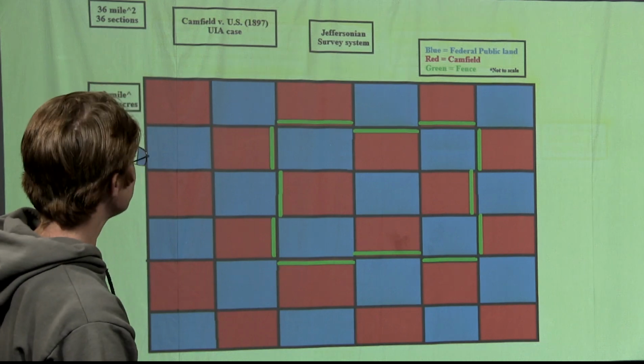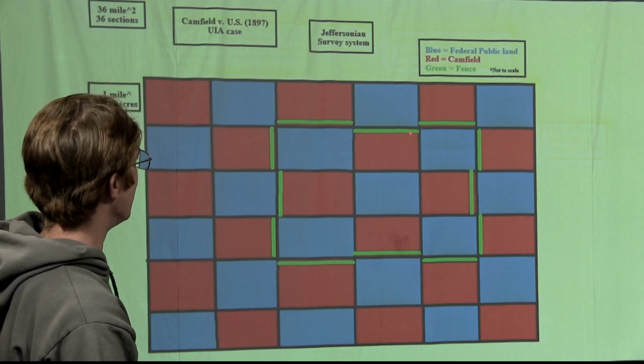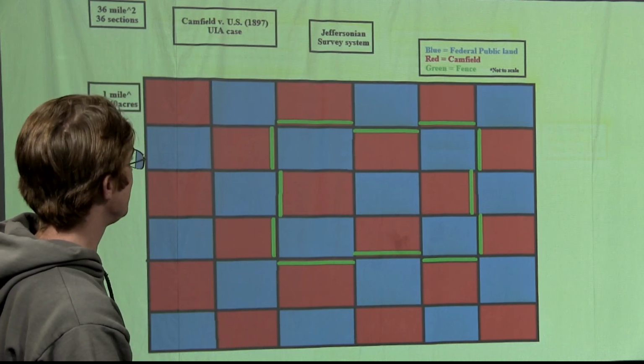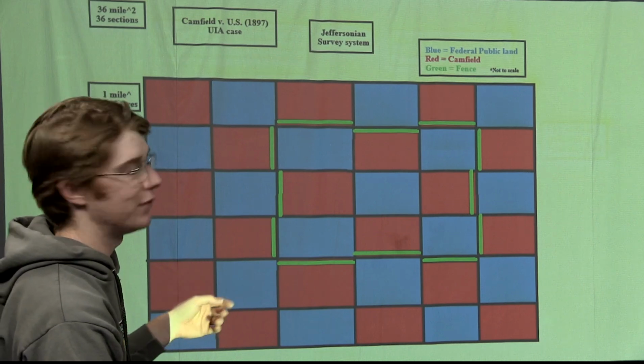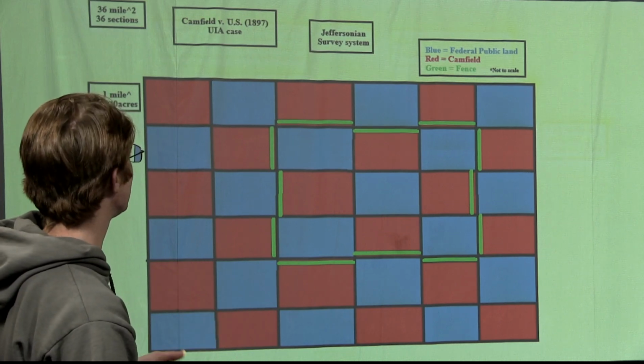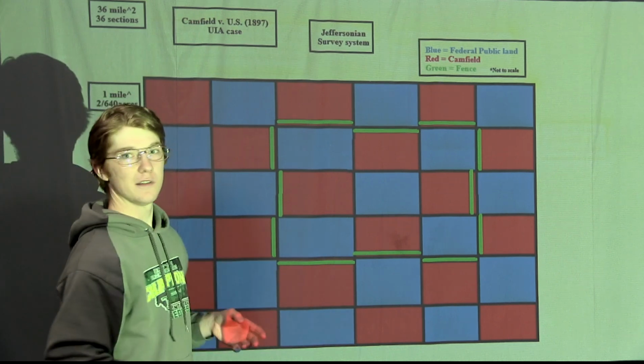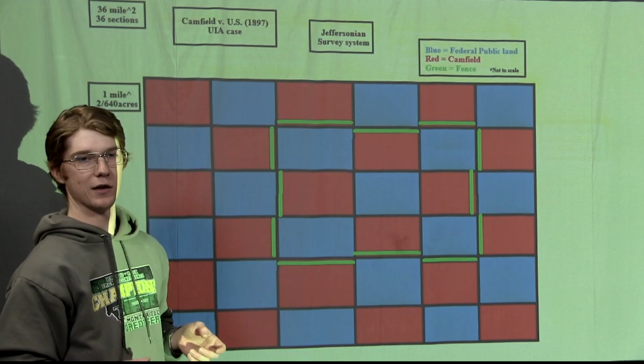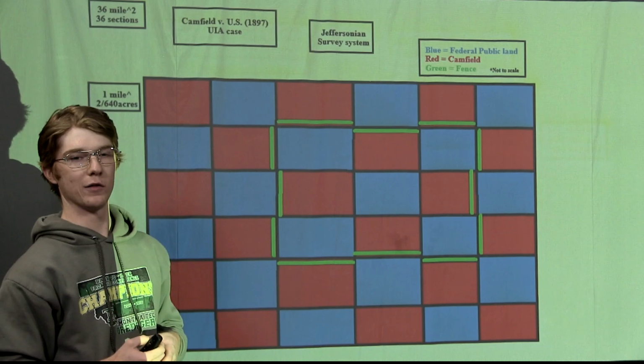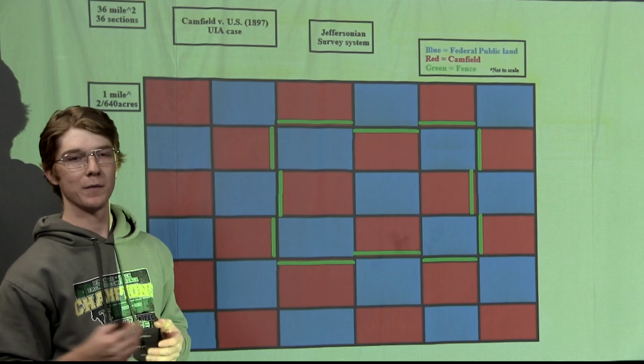Here's kind of a slide with just a base, rough, crude model of Camfield versus U.S., not to scale. But yeah, you could see, and this was a textbook case of how the Unlawful Enclosures Act came into play.